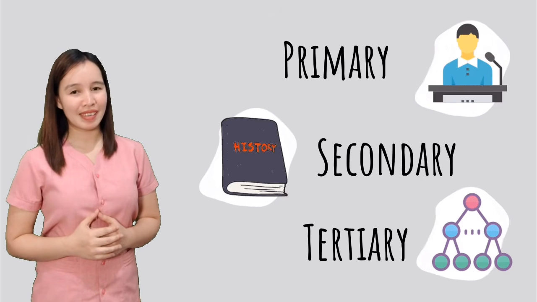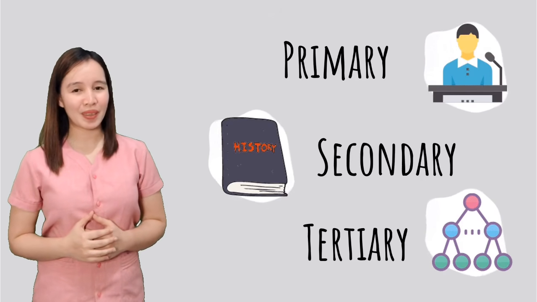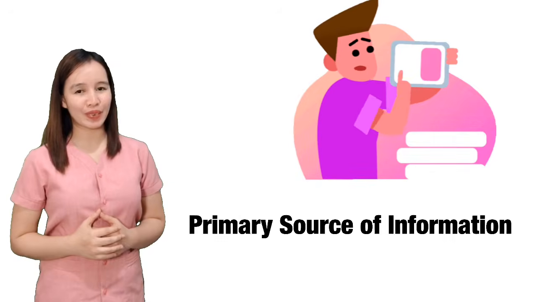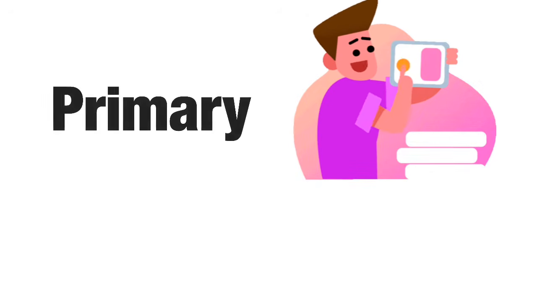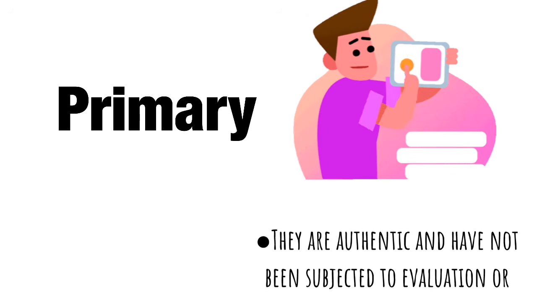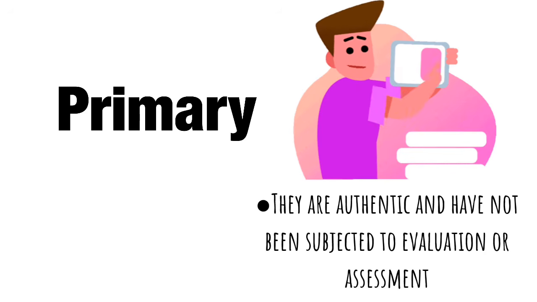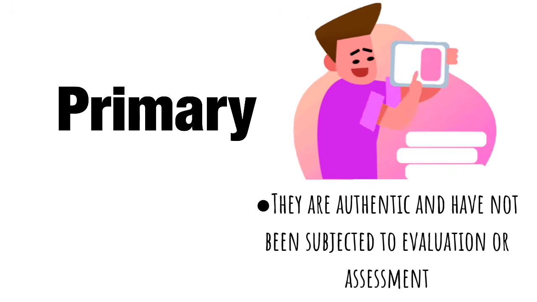So now, let us discuss the first source, which is the primary source of information. Sources of information are classified primary if they are authentic, which means original, and have not been subjected to evaluation or assessment.